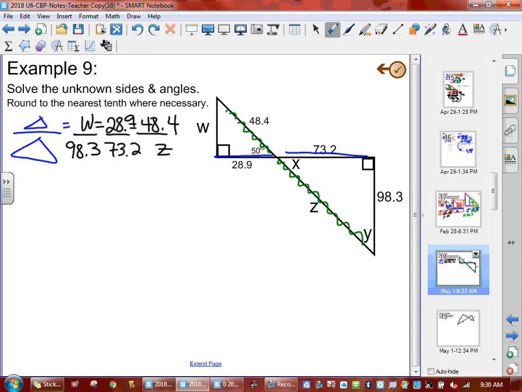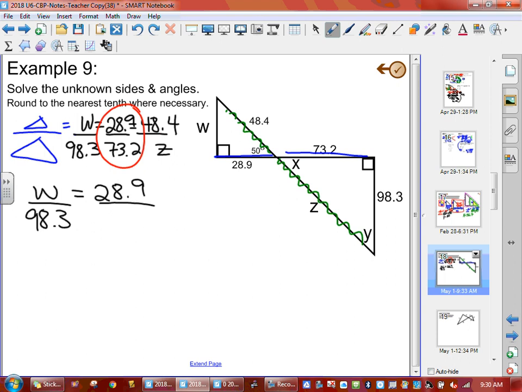All right, so we have one true ratio. Here's our true ratio right there. So we're going to cross multiply twice with that true ratio. First one's going to be W. So on the first one, we're going to cross multiply this way and divide by what's left over.